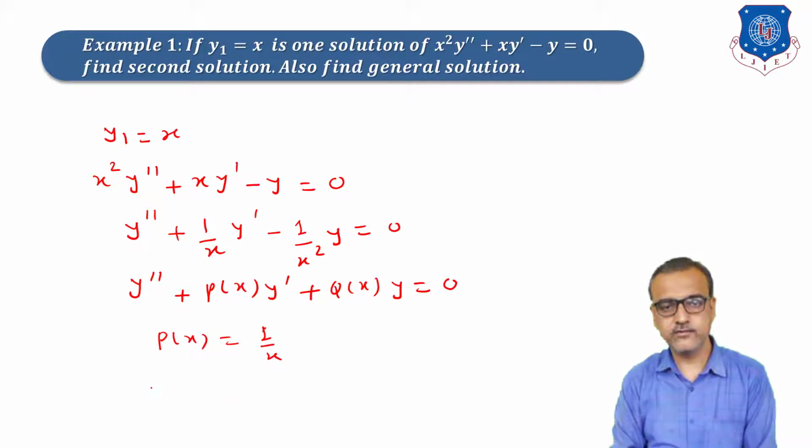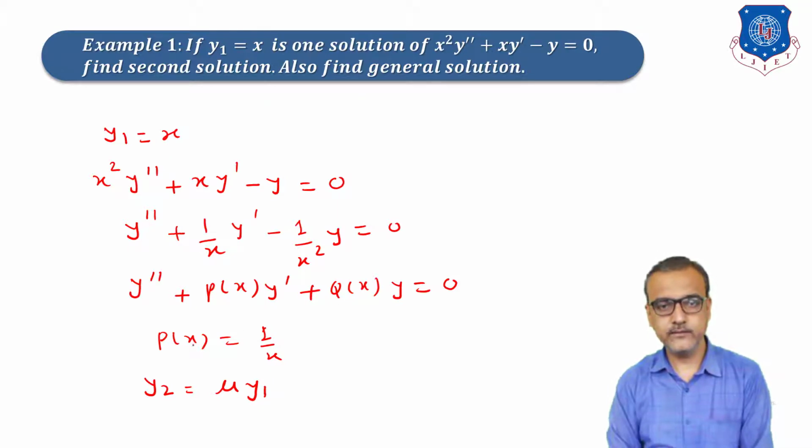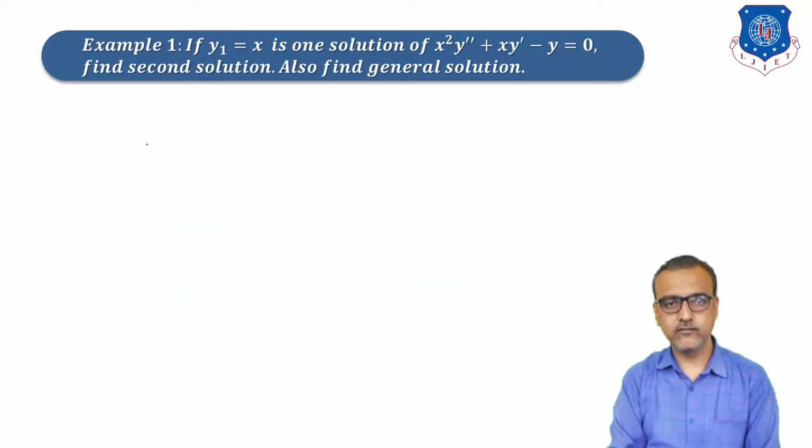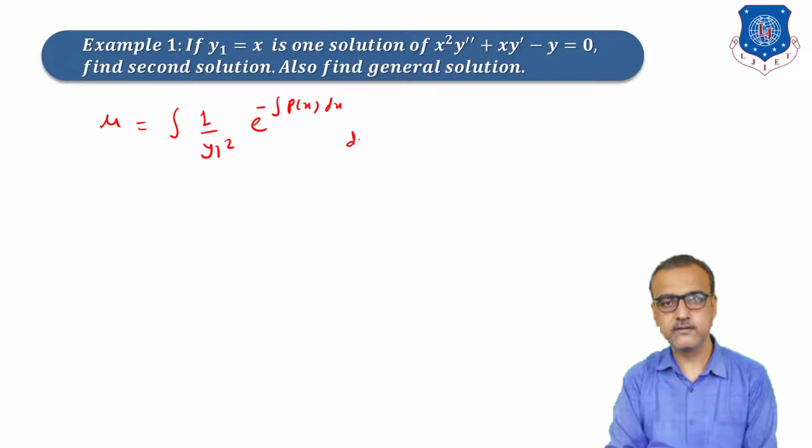Now the second solution y2 is u y1, where y1 equals x and p of x is 1 upon x. Now we will find u. u equals integration 1 upon y1 square e raised to minus integration p of x dx dx.